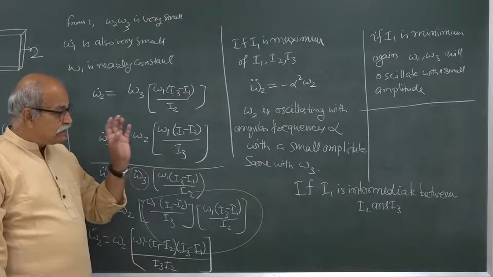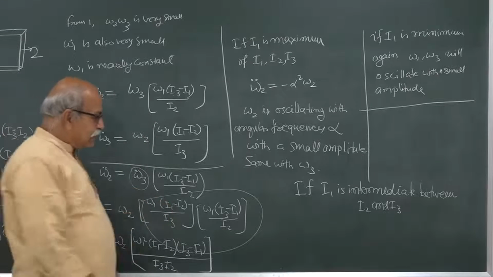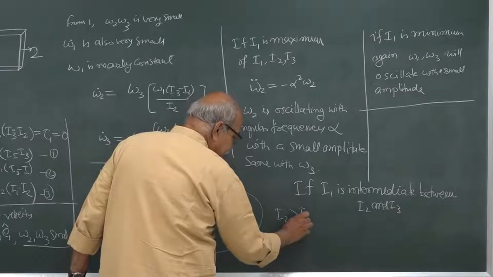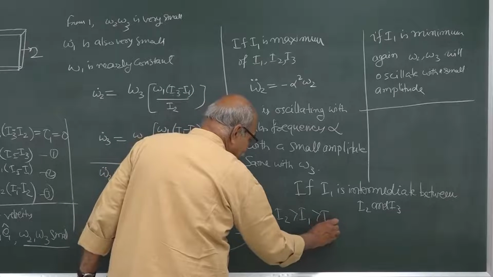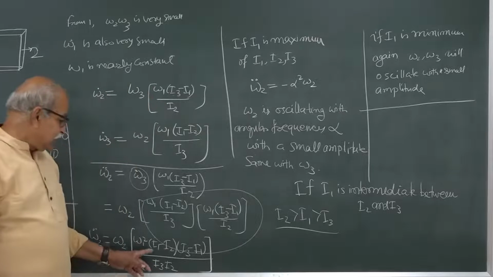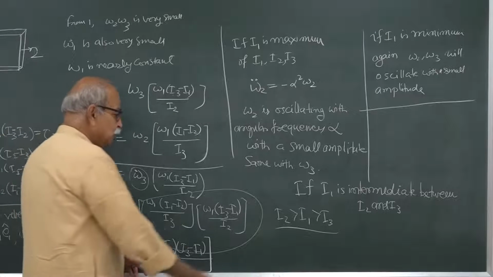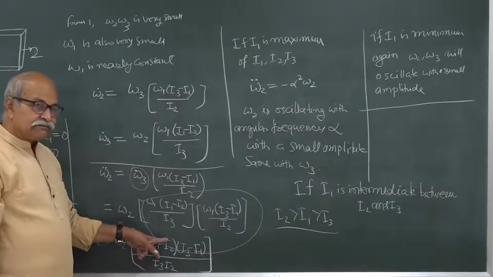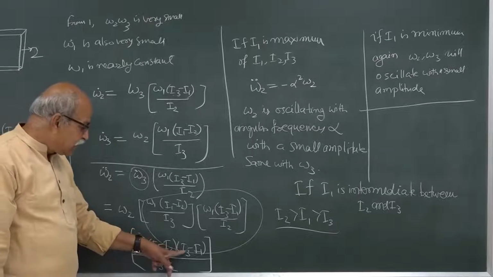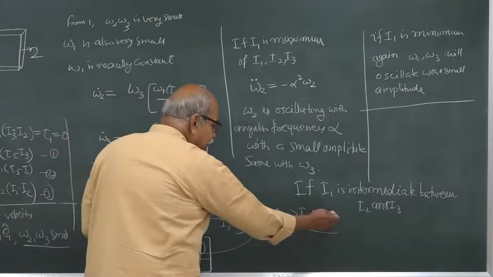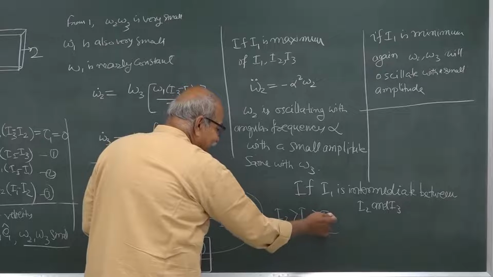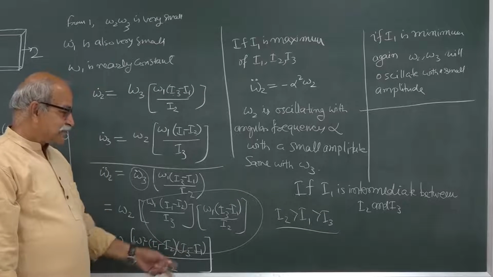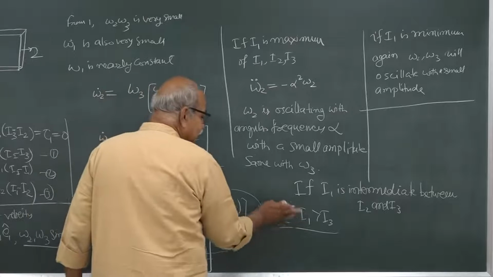Okay. If I 1 is in between and I 2 is the largest, suppose I 2 is largest and this is in between, then you can see I 1 minus I 2: this is smaller, this is larger, so this is negative, and I 3 minus I 1, this is smaller, this is bigger, again negative. So, this will be positive. Same will be the story if it is the other way.